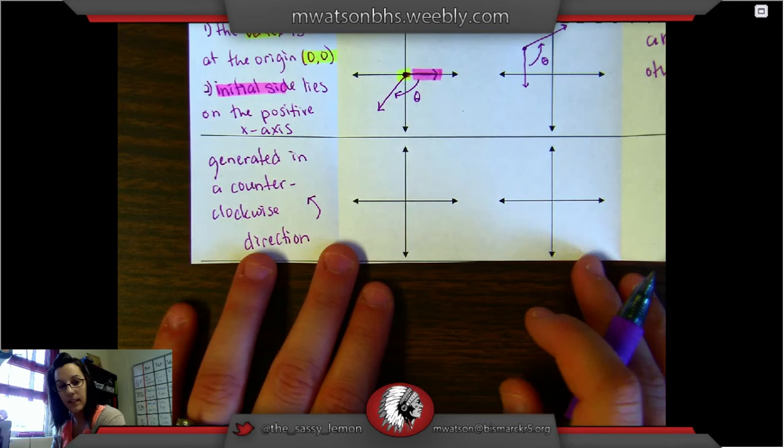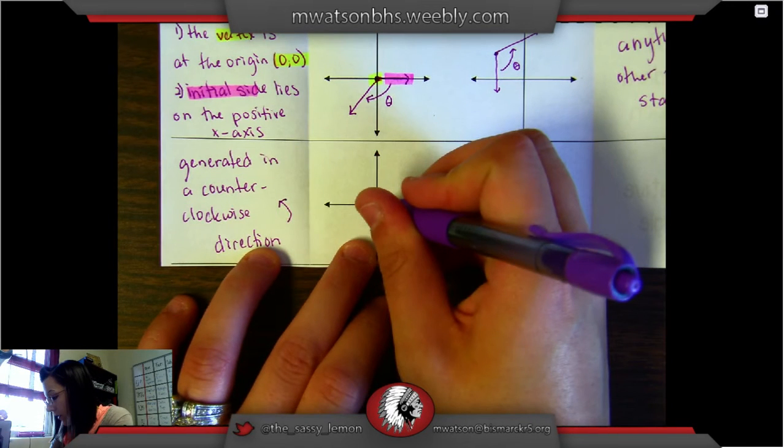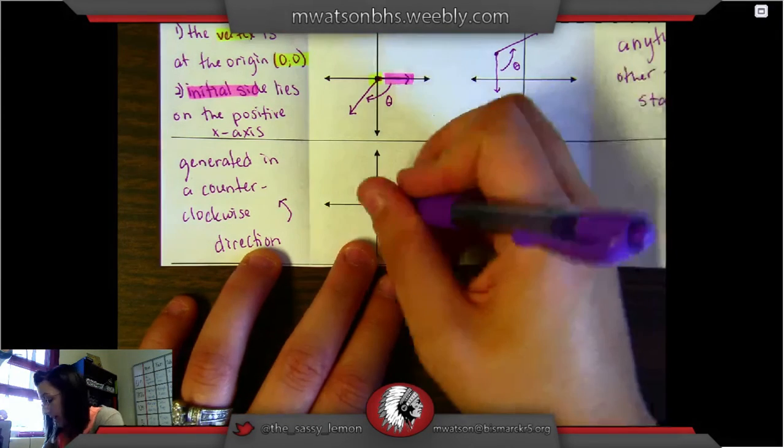So if we go over here and we draw an angle in standard position, the vertex is at 0, 0. The initial side is on the positive x-axis. And we draw our terminal side over here. A positive angle would go in the counterclockwise direction, like so. Another way you can think of it is you're going up. Whenever you're leaving the initial side, you start drawing up rather than down. And that's counterclockwise.